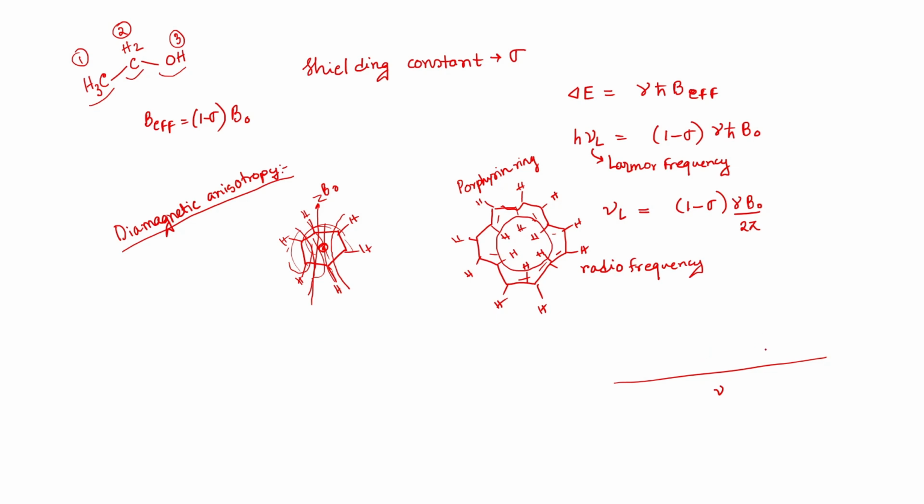I will discuss the delta scale later. These inner protons are going to be shielded, so we can expect them somewhere around here, shielded by the magnetic field arising due to the ring current.